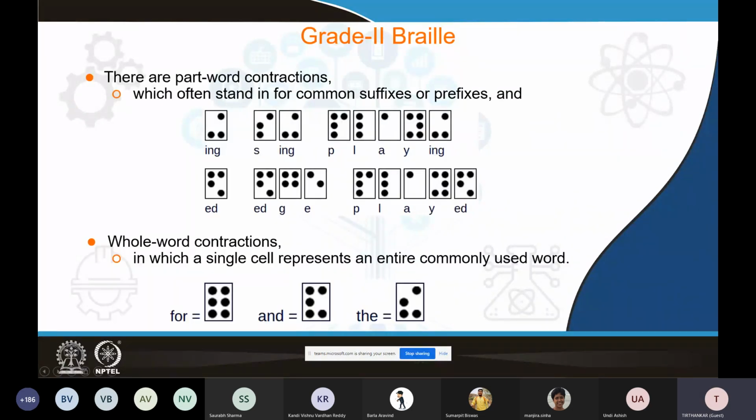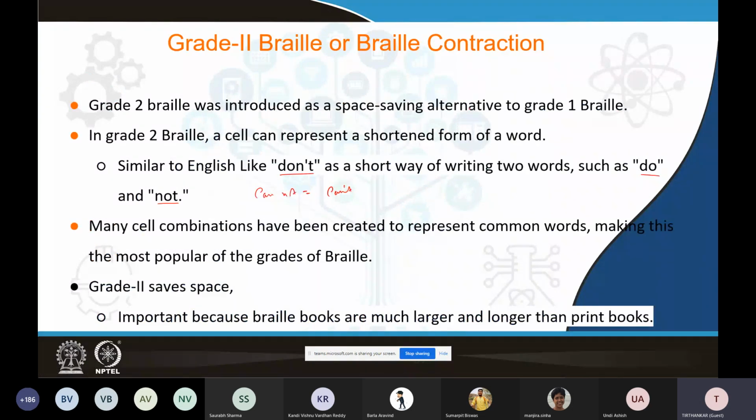You will see it's a long word. It will take 1 2 3 4 5 6 7 8 9 cells. But this is a word which is quite frequent, as are the word the, and the word where. These are very frequently used by us and commonly understandable.